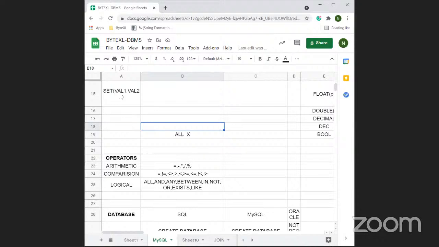Even if there is one false, if x contains 0, 1, 2, 3, 4, there is a zero value, that is a false value. So all of x would also give us a false value. These are the general operators. We will be seeing these operators again very soon.